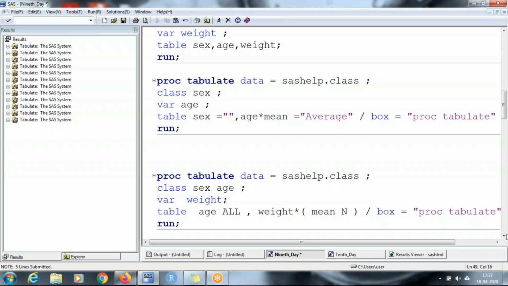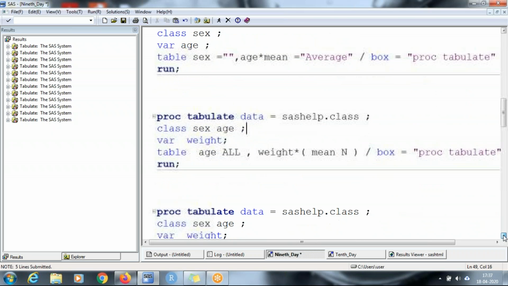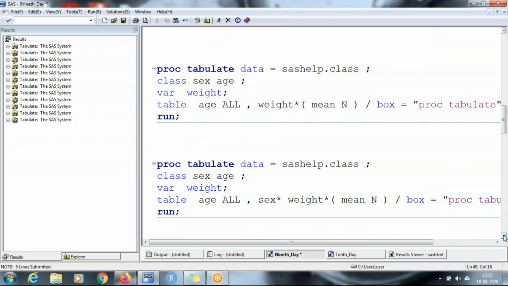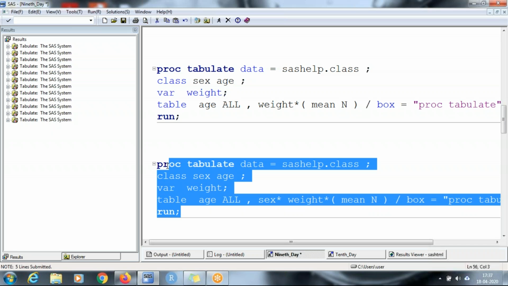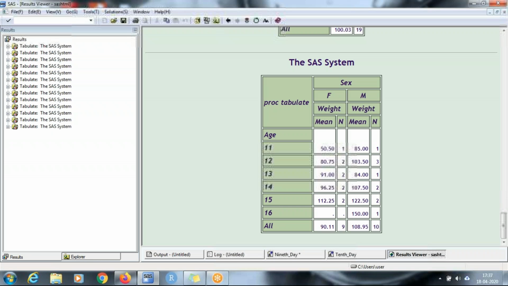All right, so let me go ahead and show you one more example. Now, I am showing a cross tabulation. This will create another set of hierarchy in your table like this.